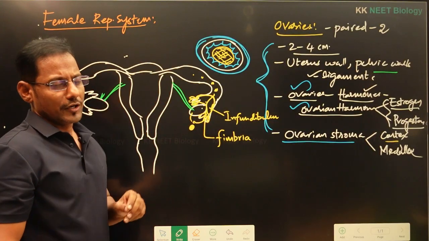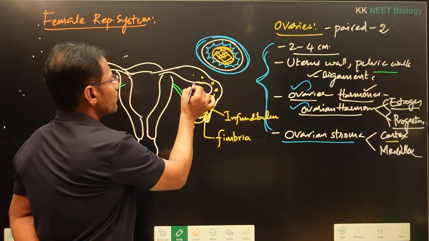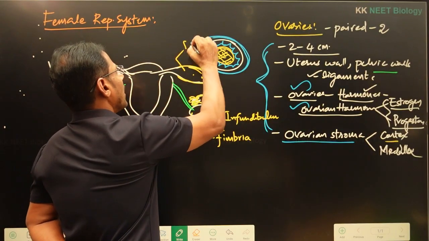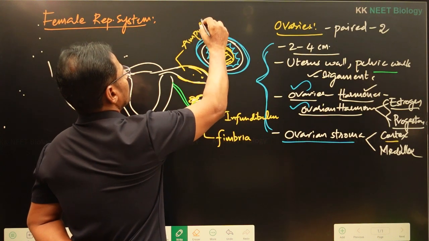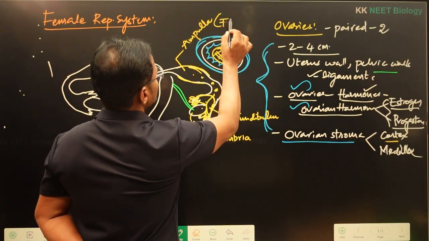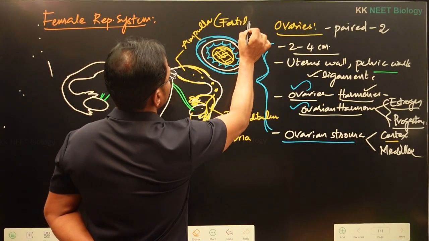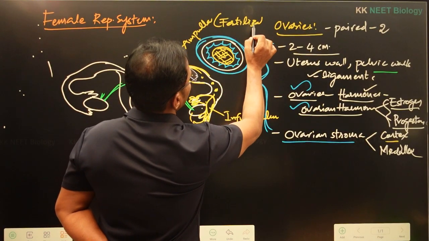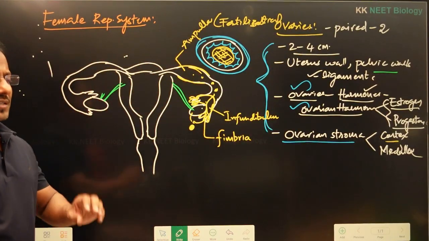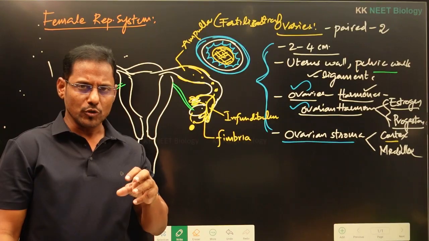After the infundibulum, you can see a small wider part here. This is known as the ampulla. Generally, the fertilization process takes place in the ampulla, right? This is a wider part of the fallopian tube.